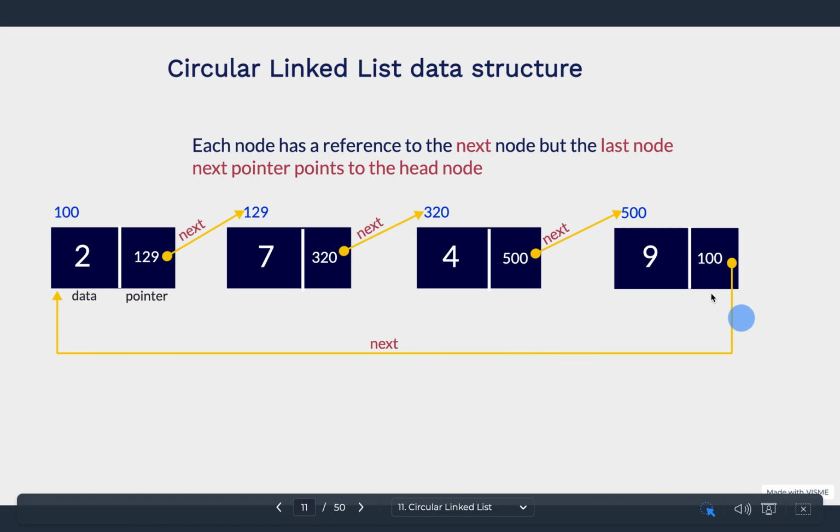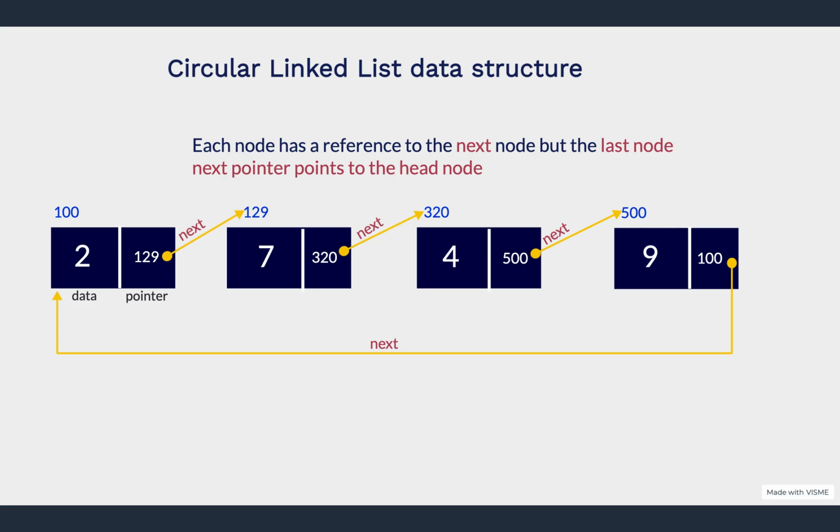If you check out the tail node here, also called the last node, the next pointer points to the head node. The head node is stored at 100, and that is what we stored in the next pointer here. That's why this is called a circular linked list, because you can reference the head node from the tail node.